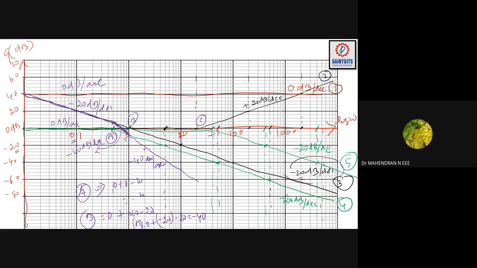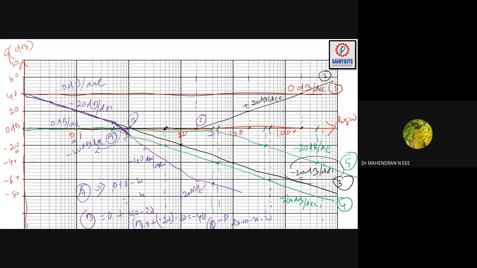Then from C to D, I can say it is plus 20 and plus 0, minus 20, minus 20. So from here to here, up to the portion D, this is minus 20 dB per decade. Then after this, you can see minus 20, minus 40, minus 60.